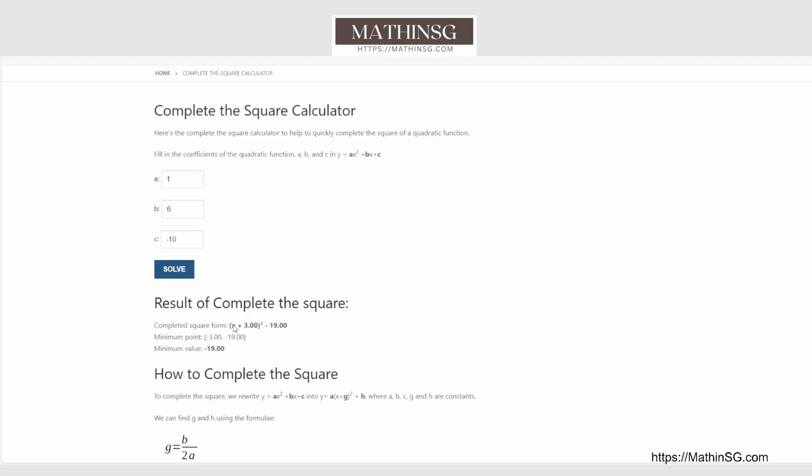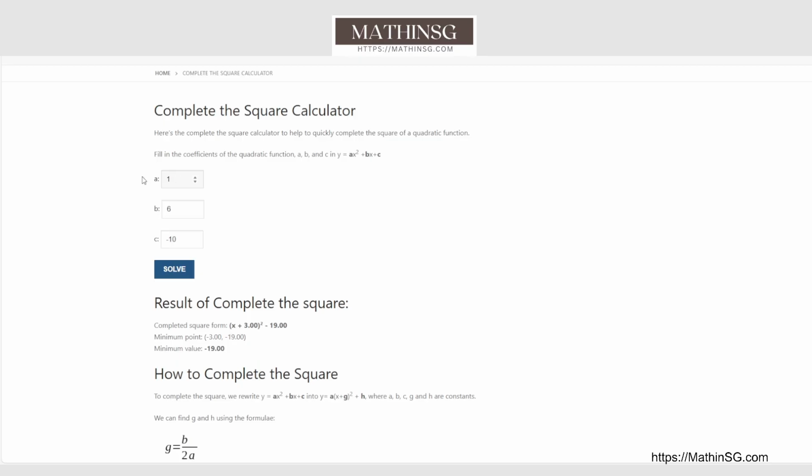For this question, we are doing x squared plus 6x minus 10, so I put in a equals 1, b equals 6, and c equals minus 10. Then just click solve. You will get the completed square form, the minimum point at minus 3, minus 19, as well as the minimum value of y, which is minus 19.